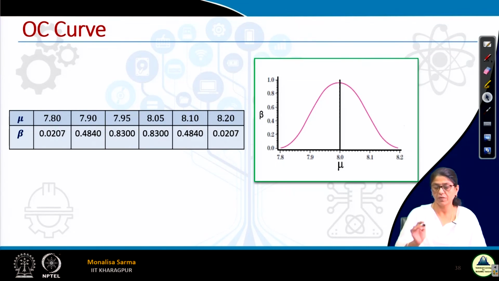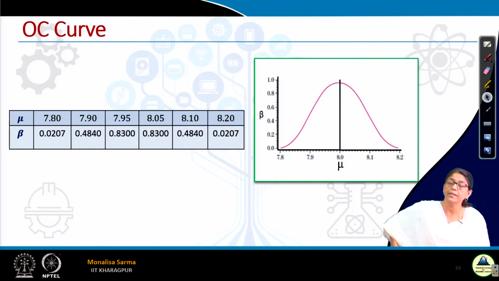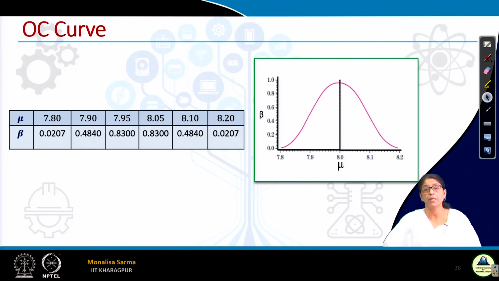In fact, beta approaches 1 minus alpha, whatever alpha we have specified.